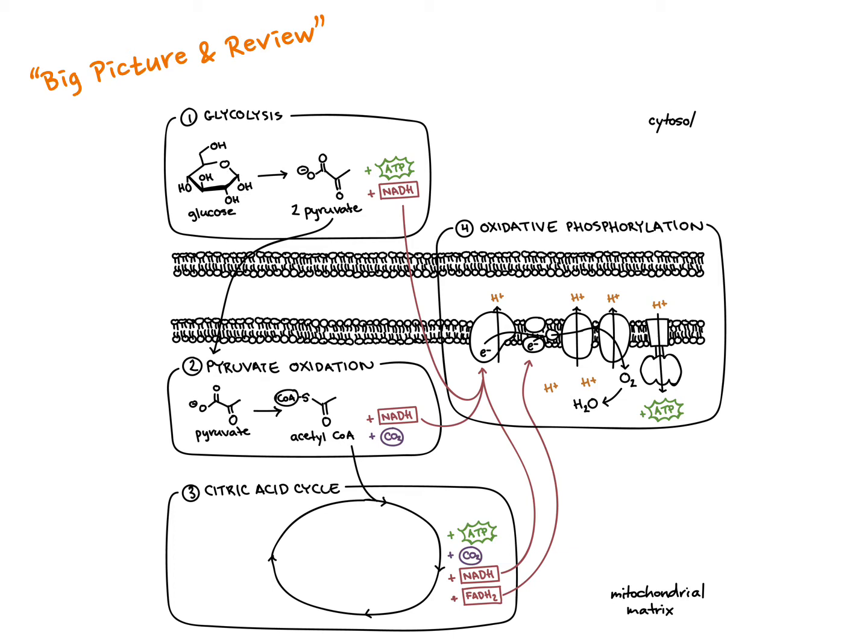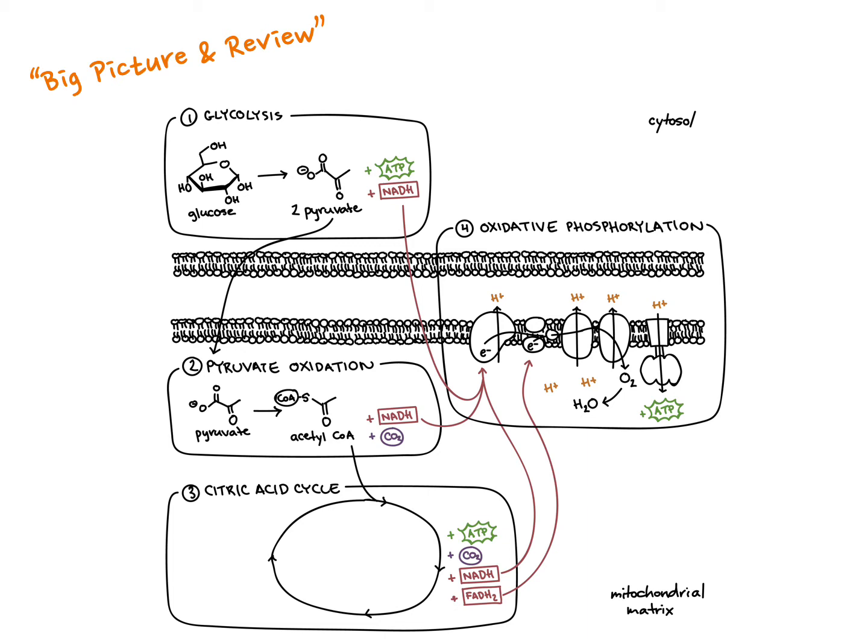Let's look at another big picture and review what we have learned. In Chapter 16, we learned the glycolysis pathway. Glucose breaks down to 2 pyruvate, producing ATP and NADH. This pathway happens in the cytosol. Cytosol is the liquid portion of the cytoplasm. In aerobic conditions, the pyruvate enters the mitochondrial matrix and undergoes oxidation, pyruvate oxidation.